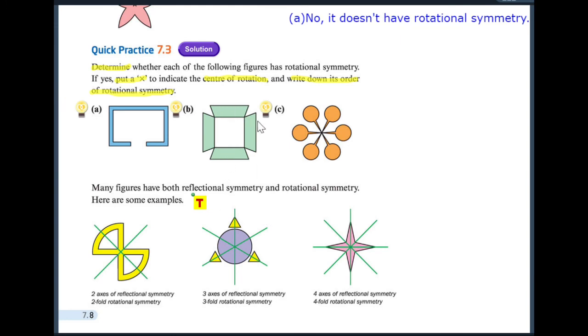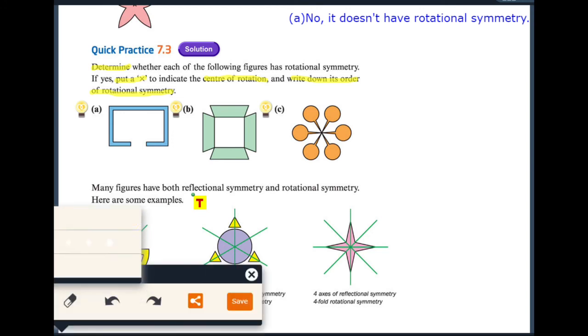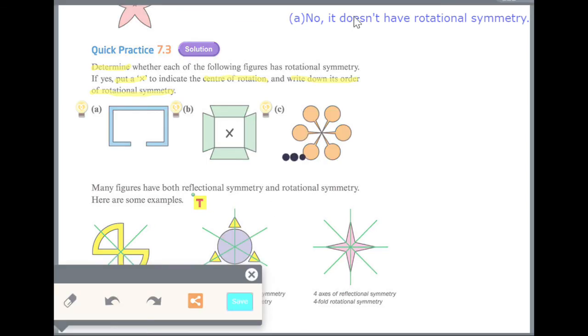But for B, this time you should find out that is yes. So you have two other things to do: draw the cross and also write down the order of rotational symmetry like this. Okay, let's draw the cross first. The cross should be at the center, so you will mark a cross like this, and then you will write down the words.